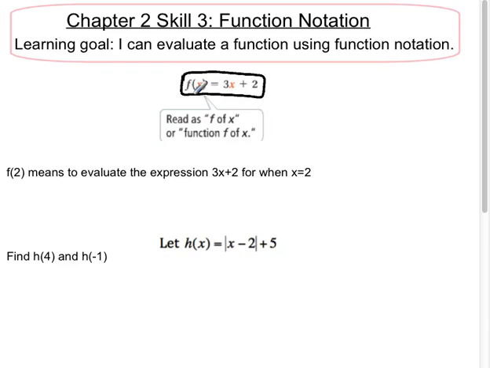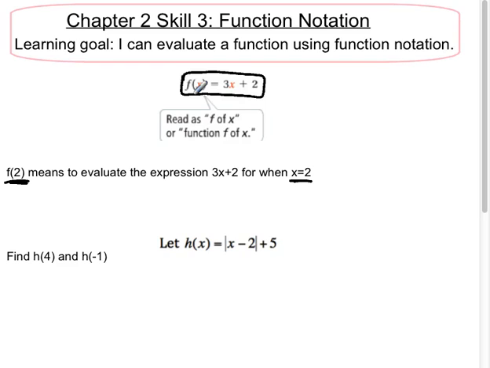So if I want to evaluate f of x for, let's say, x equals 2, all I'd have to say is evaluate f of 2. And that means just plug in 2 everywhere that you see x. So again, it's just a slicker way for me to tell you how I want you to evaluate functions. So let's actually do that.